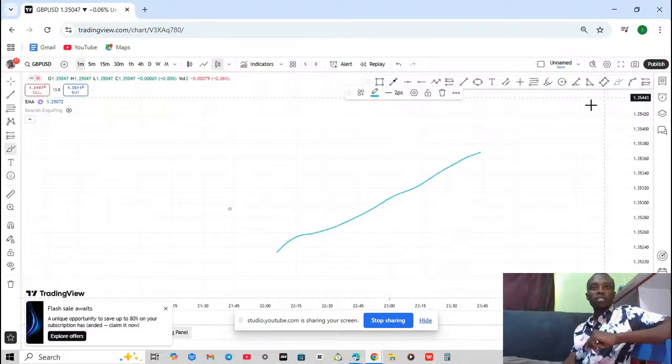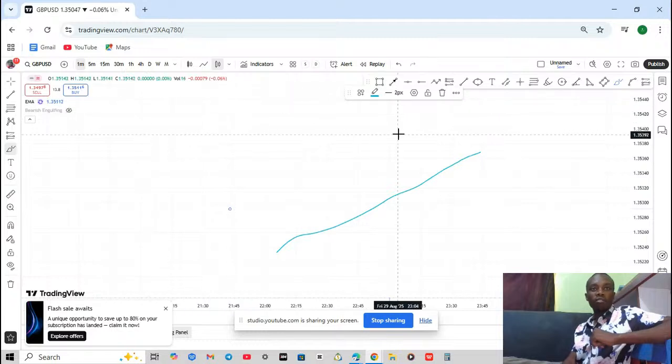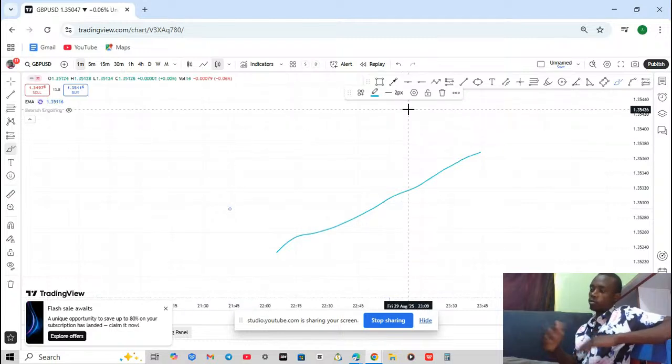So I only have one condition that I look at on the higher time frame. Let's assume we're using the 1 hour chart and the 15-minute chart.